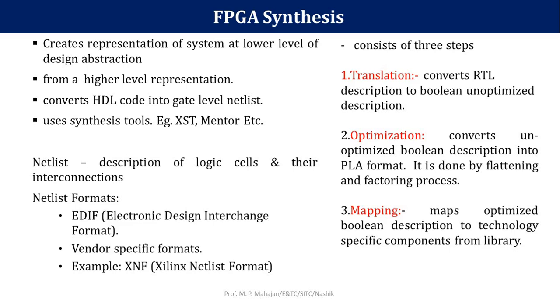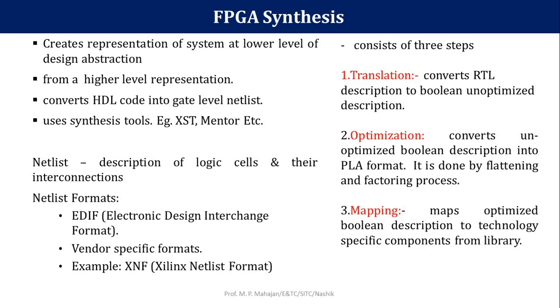The synthesis process consists of different steps like translation, optimization and mapping. Already we discussed this in the design flow. Translation is a process which converts your HDL code or RTL description into an unoptimized Boolean description. Means from the diagram or HDL code, it will extract the Boolean equations by using the operator symbols which we use in the main HDL code.